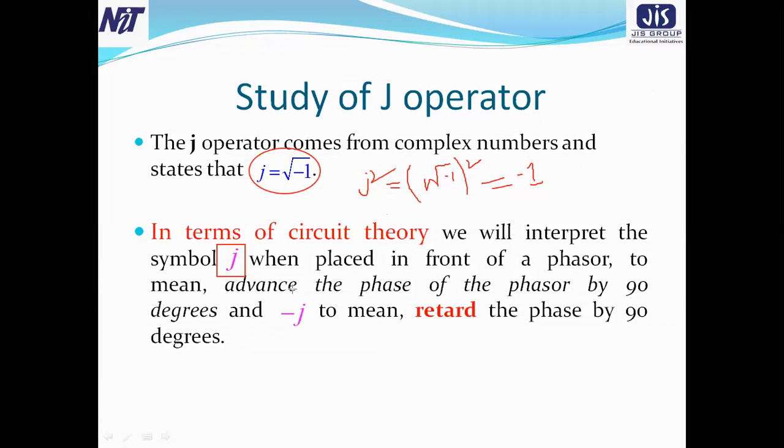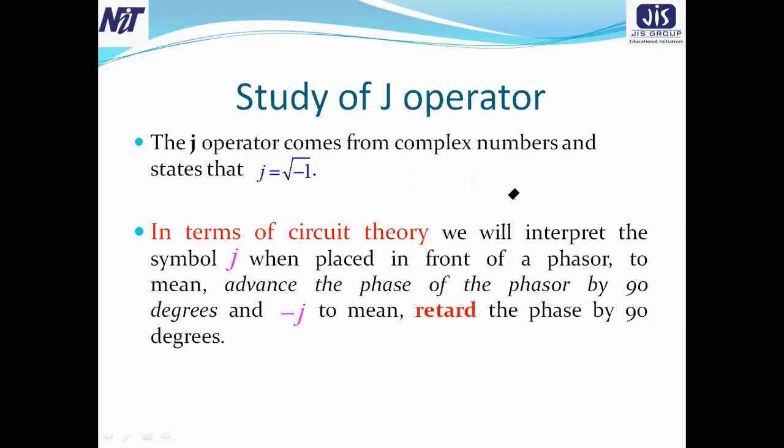And minus J means, what will be the meaning of minus J? Retard the phase by 90 degrees. So remember this part and try to understand this very carefully, that this is actually the application of J in circuit theory analysis.